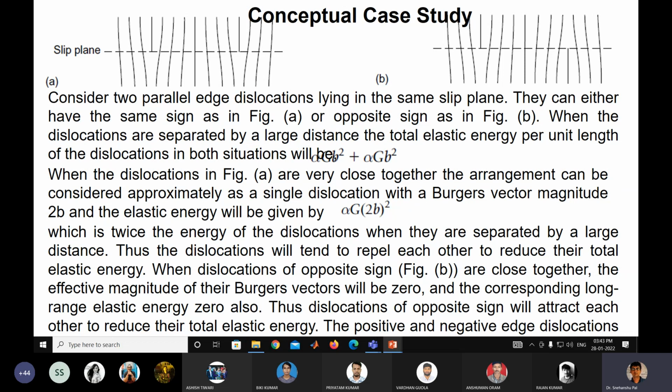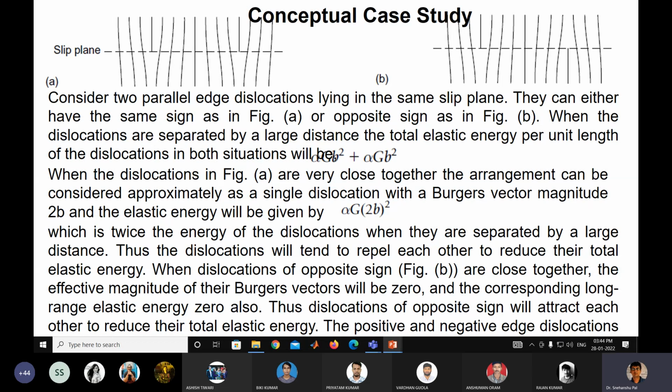The driving force for the repulsion is the reduction in elastic energy, which drives them to repel when two dislocations are closely spaced. Otherwise they create a scenario with a very large distance, where the elastic energy will be much less. You have already seen this from the comparison of figures A and B.